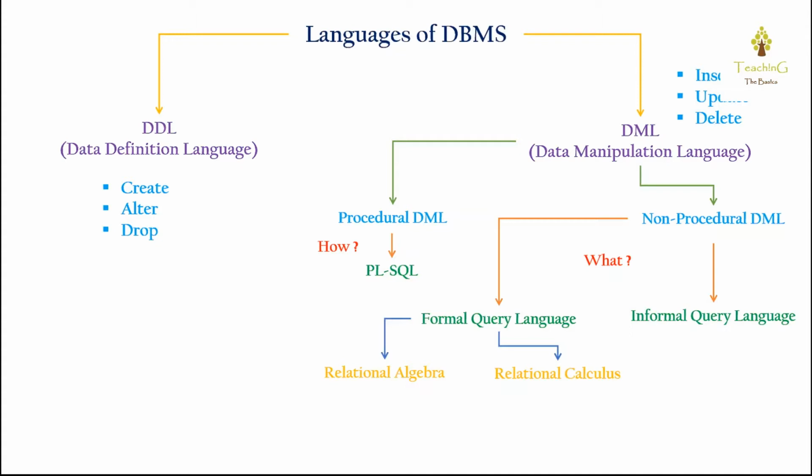And in informal query language comes SQL. I will be starting a new lecture series very soon on SQL, and in that series I will be covering all the commands that I have discussed right now.